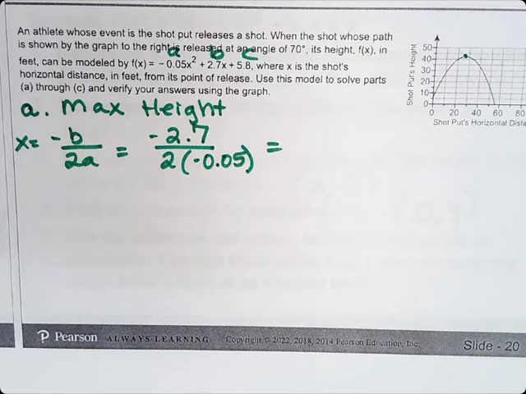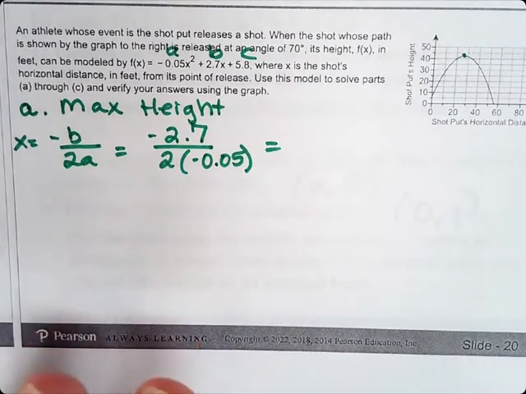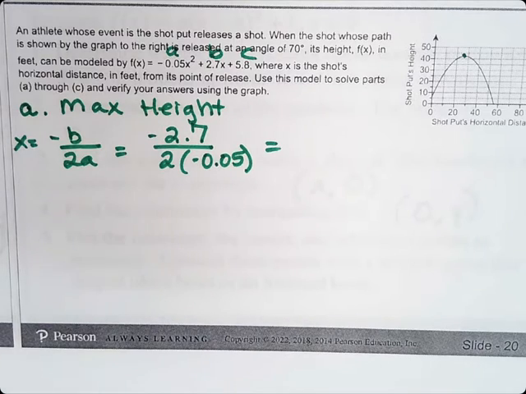So we need to put that in the calculator. The whole thing? No, the bottom is. The answer is negative 0.0675. The whole thing?